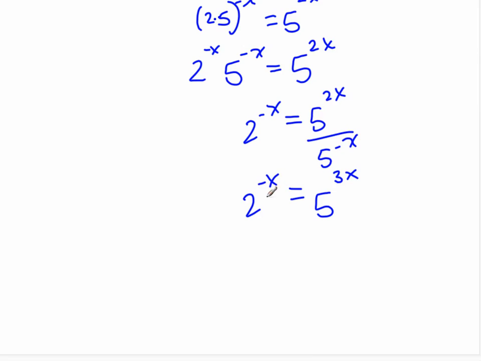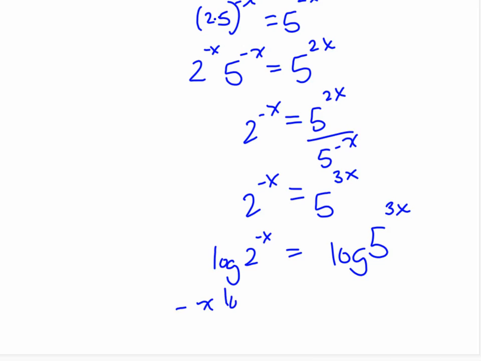I could use the power law and log both sides. So log 2 to the minus x equals log 5 to the 3x. Using the power law brings that negative x down front, times log of 2 equals 3x times log of 5.